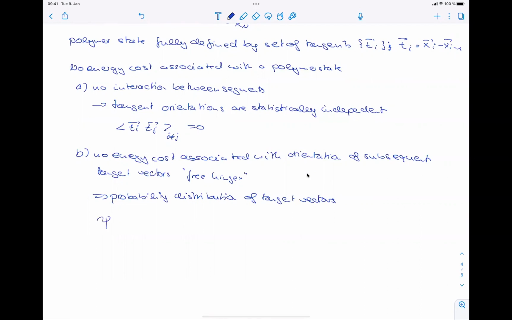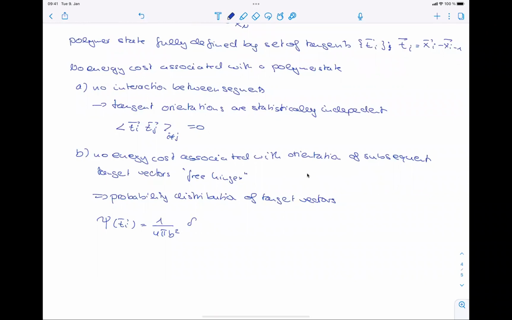So the probability distribution of an individual tangent is just normalized by the surface integral over a sphere of the bond length b. So this is 4 pi b squared.